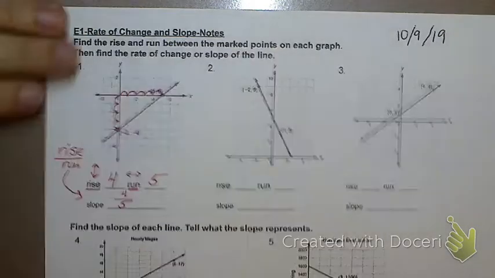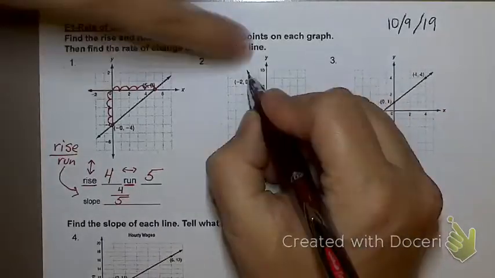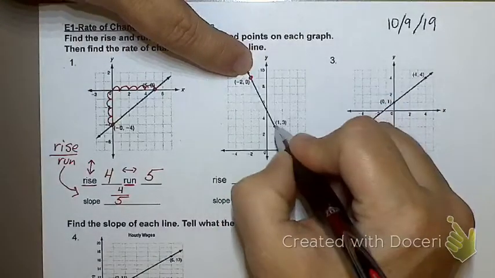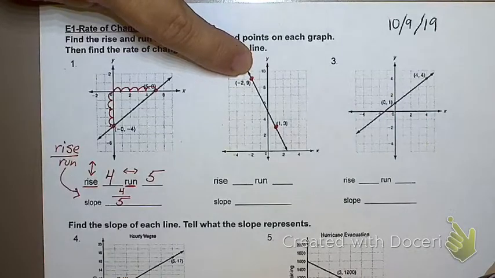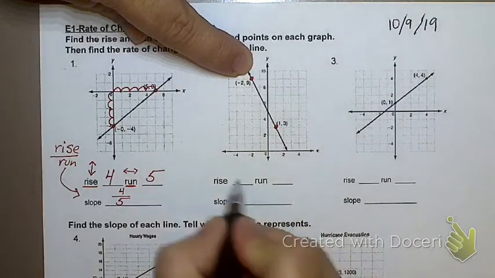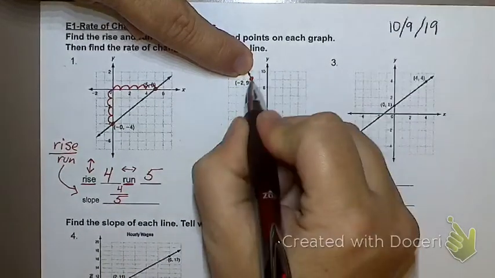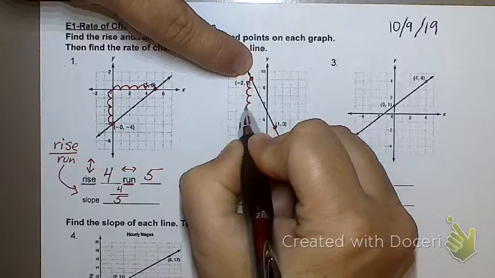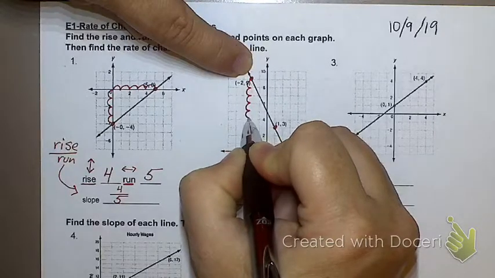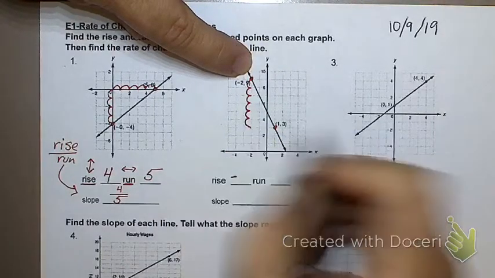All right, this one, my little person from left to right is going uphill or downhill? Downhill. Which means my rise is what? Negative. So my rise is going to be negative what? 1, 2, 3, 4, 5, 6.